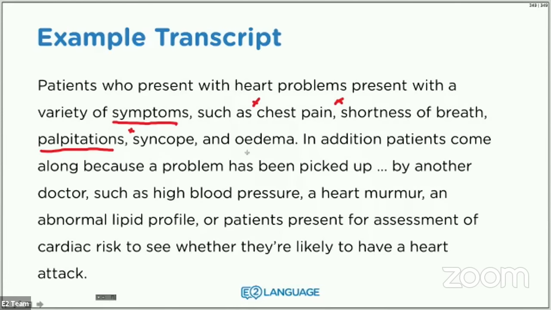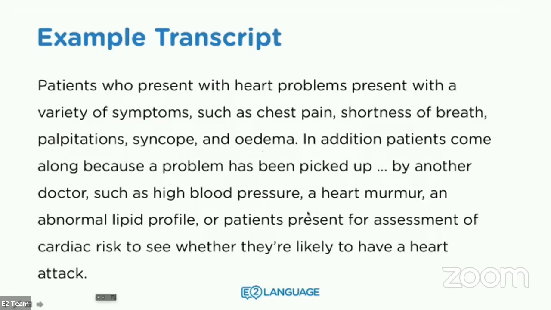Syncope was listed, and the last one I believe was edema. Let's read further. It says, in addition, patients come along because a problem has been picked up by another doctor, such as, and this probably was the second question, high blood pressure, a heart murmur, an abnormal lipid profile, and you might have to write down one of these.